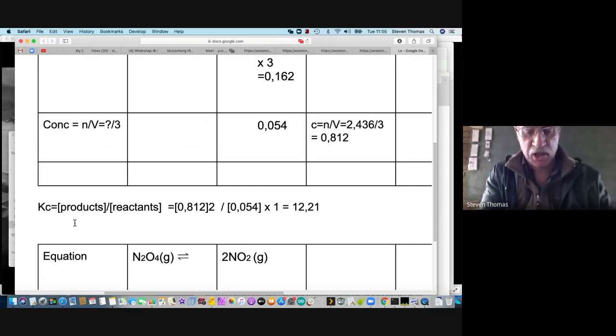So you're going to say number of moles equals mass divided by molar mass.